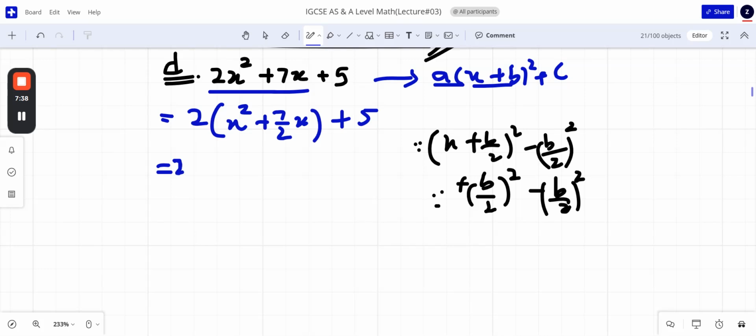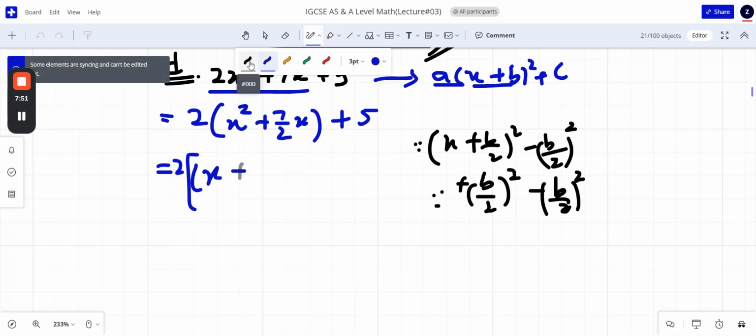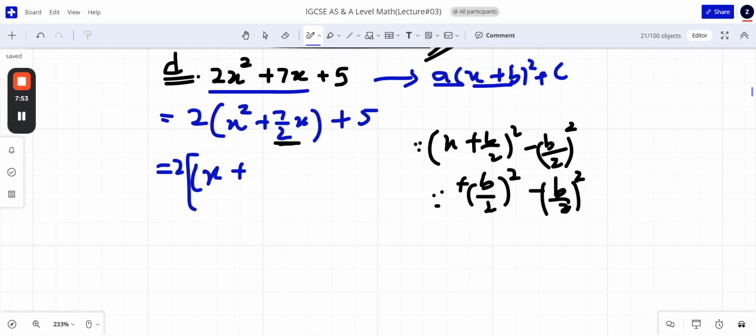Now 2 we will keep the same, and we will apply the formula inside the parentheses. Here x will always remain the same. So we will write x plus, what is b by 2? B is the coefficient of x, which is 7 by 2. So b by 2 is equal to 7 by 2 times 1 by 2, which equals 7 by 4.